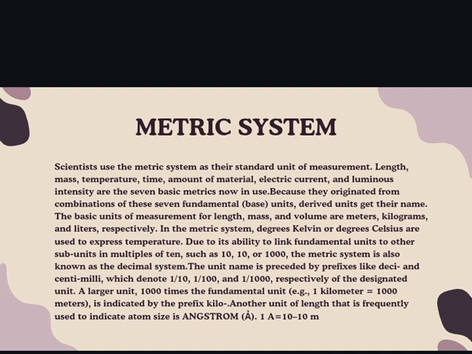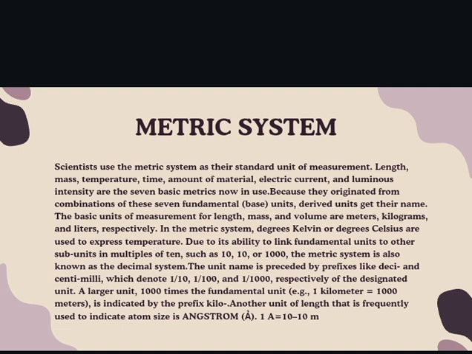The metric system is also convenient due to its ability to link fundamental units to other subunits in multiples of 10, such as 10, 100, or 1000. Centi and milli denote 1 over 10, 1 over 100, and 1 over 1000 respectively of the designated unit.